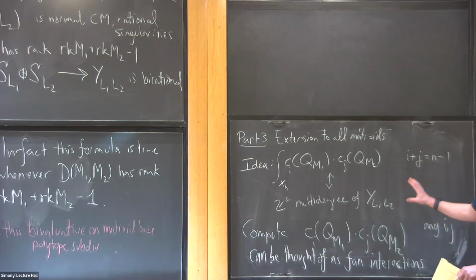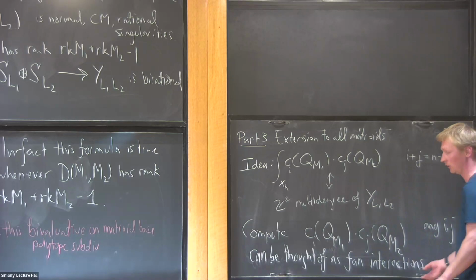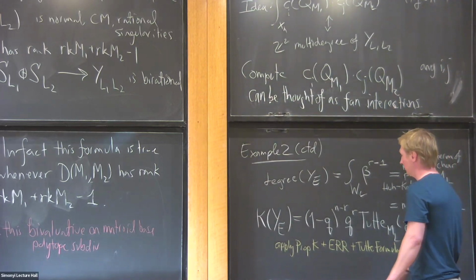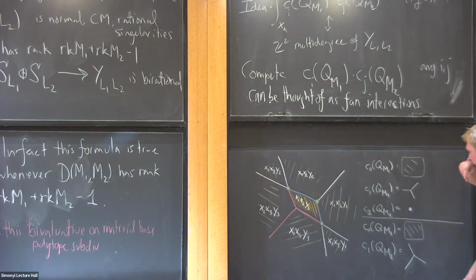So there's a whole procedure to do this, which I've clearly run out of time to tell you, but I did prepare a little bit more. What I wanted to show you, I drew a picture of what happens.